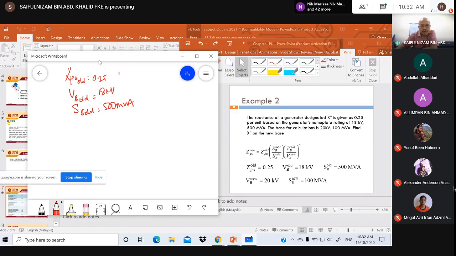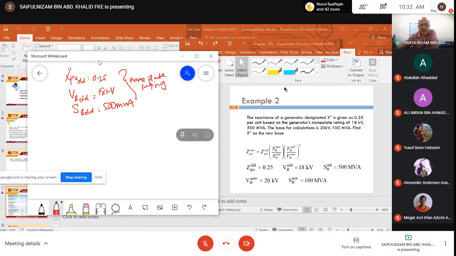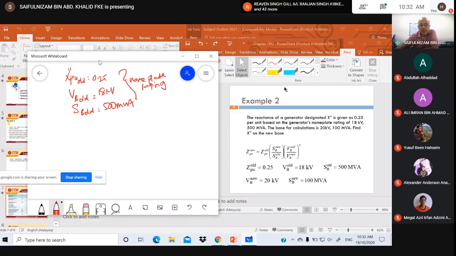All this is from the nameplate rating. All values are stated in the nameplate rating of the generator. This is the old value.